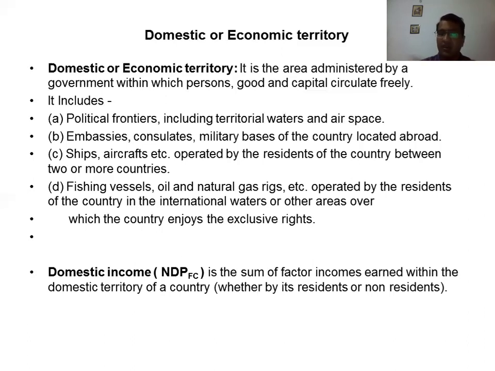When we identify which item will be included in the national income or in the domestic income, we identify that the income earned within the domestic territory of a country is part of the domestic income. Domestic income is related to the place where it is earned.